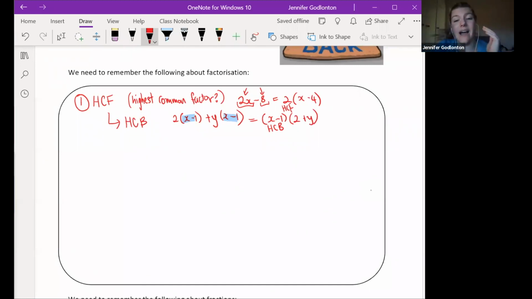It's kind of like a highest common factor, except we're taking out a highest common bracket. So when we group, the whole purpose of grouping is to get a highest common bracket. Sometimes we have a switcheroo involved here, but we'll see if we can chat about that just now. So that's number one.